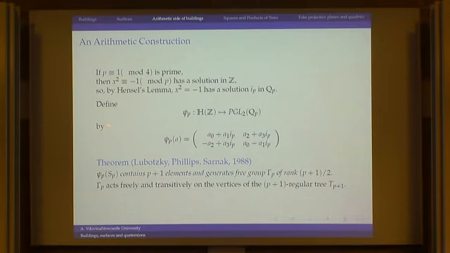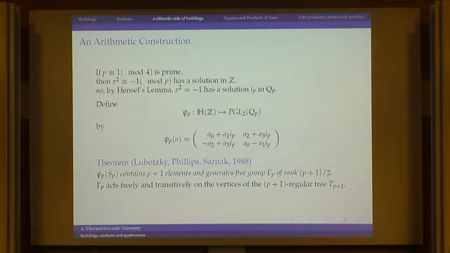Another observation is that you can define a map psi_p for every odd prime to PGL_2(Q_p). You can really use the quaternions to define such a map.